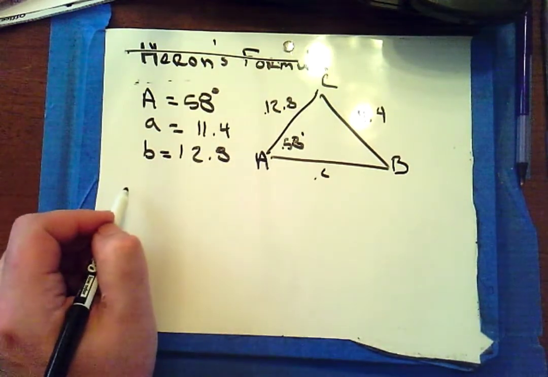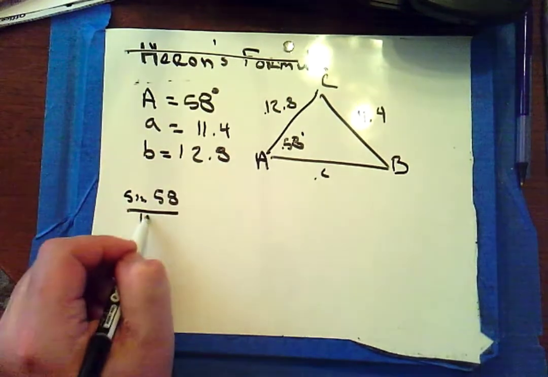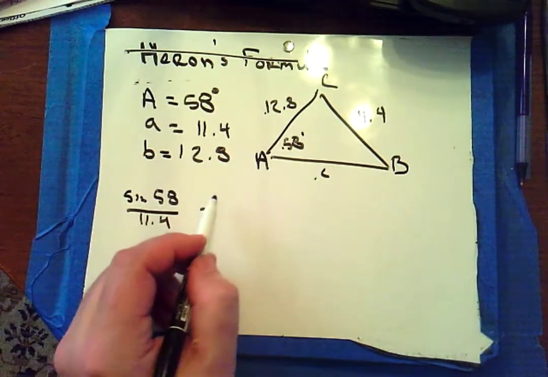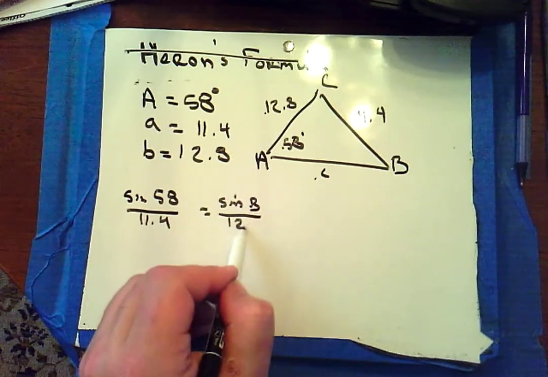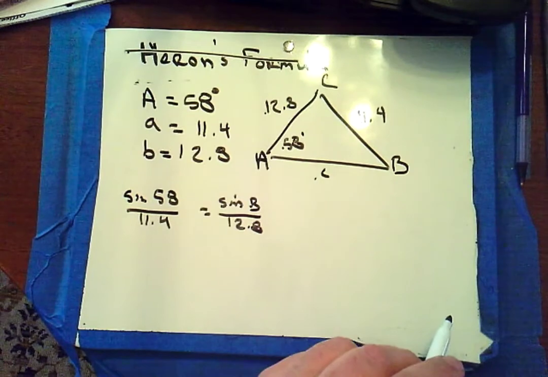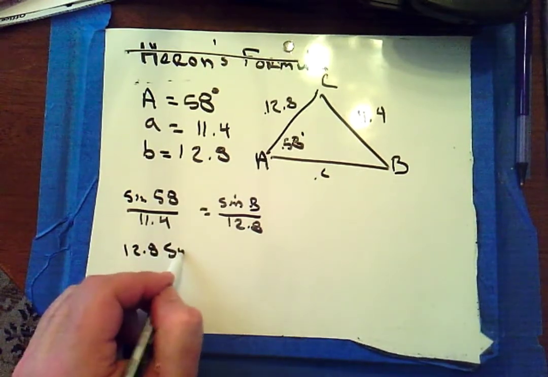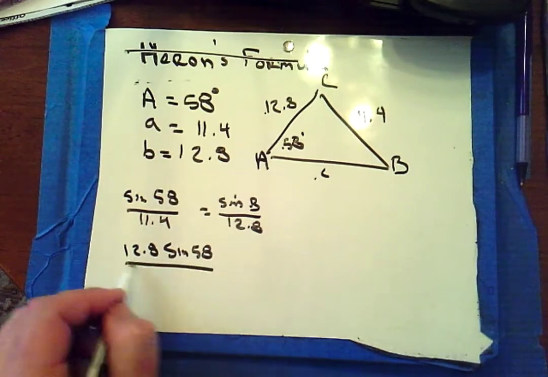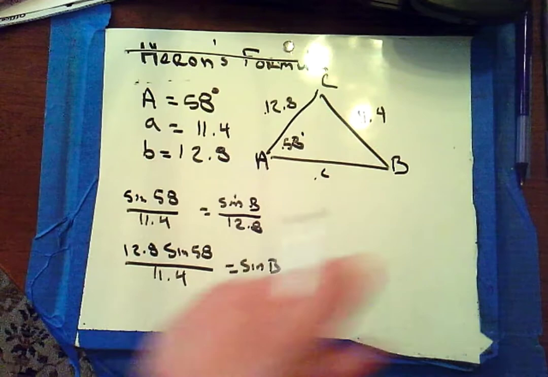So how about the sine of 58 over 11.4 equals the sine of b over 12.8. Now we've got 12.8 sine of 58 over 11.4 is the sine of b.